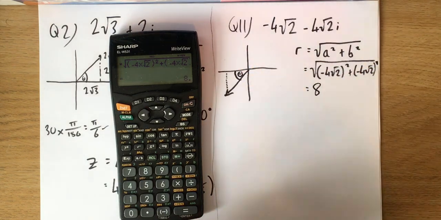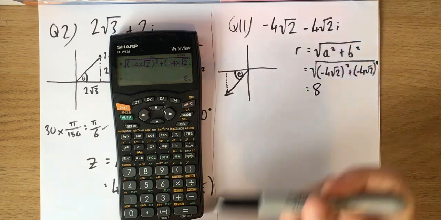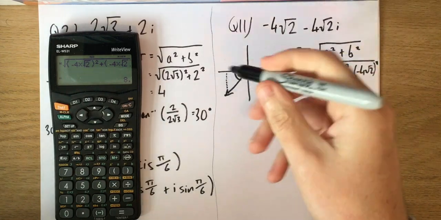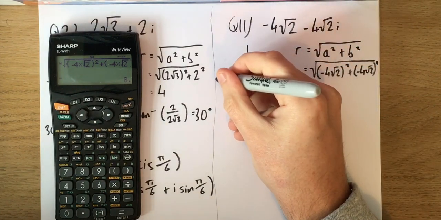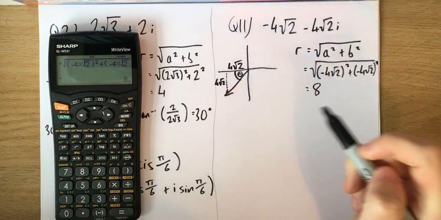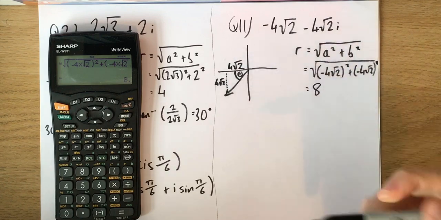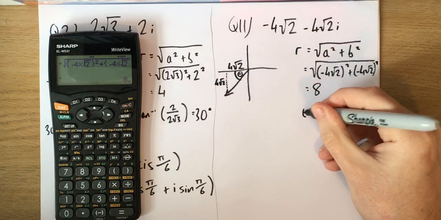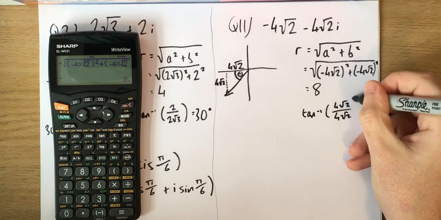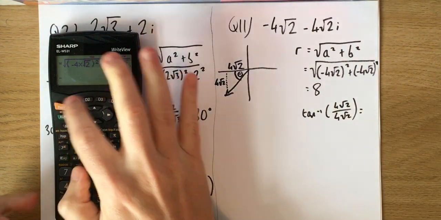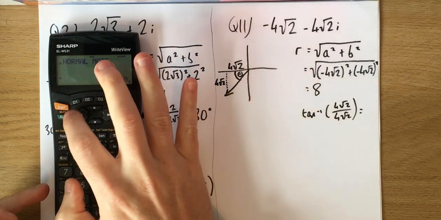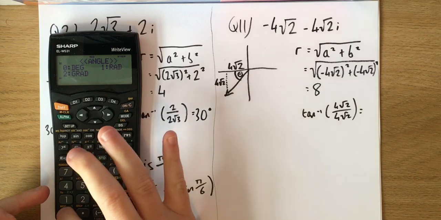Now to figure out this angle. I've got a right angle triangle here where this side is 4 root 2 and this side is 4 root 2. So I'm going to get the tan inverse of 4 root 2 over 4 root 2, which is just the tan inverse of 1. I'll just do this in degrees mode and then we'll sort that later.